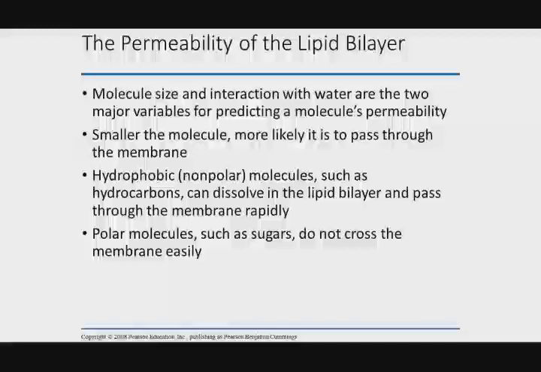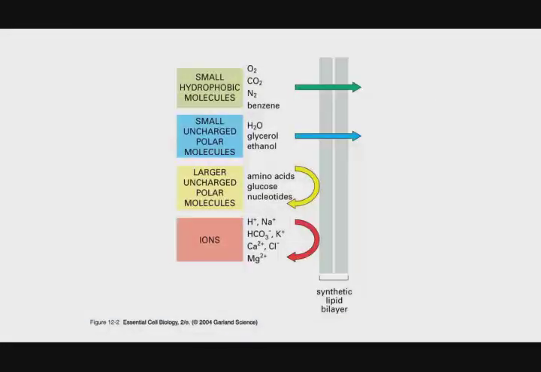Certain types of molecules just won't go through a membrane, and those molecules are those that are very large and have charge because they want to stay with water. They do not want to go through that hydrophobic layer. To summarize, small hydrophobic molecules are certainly going to pass through the membrane relatively easily.